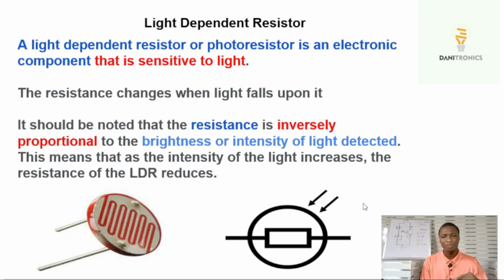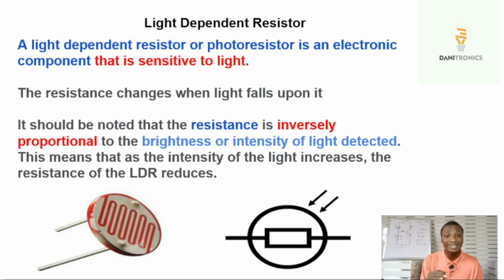What this is saying is that whenever light falls on it, as the brightness of the light increases, the resistance of this resistor decreases. So that's why I said it is inversely proportional. Once the intensity of light increases, the resistance of the light dependent resistor reduces, because when there is no light on this device, the resistance value is very high.